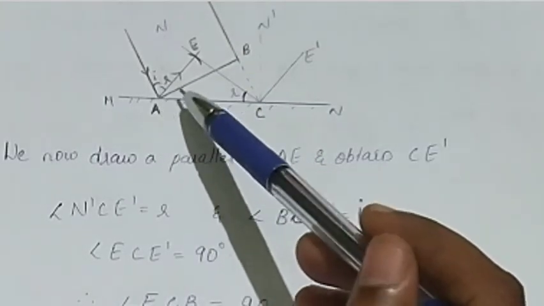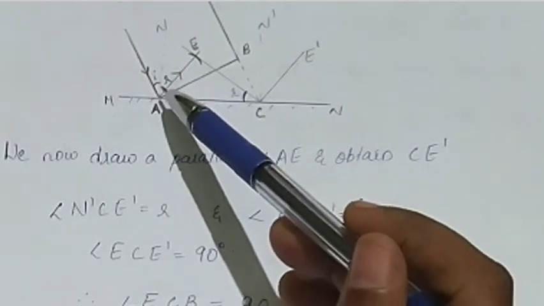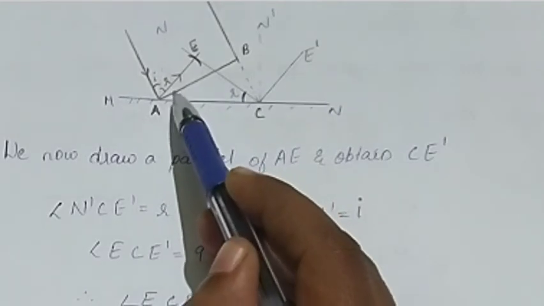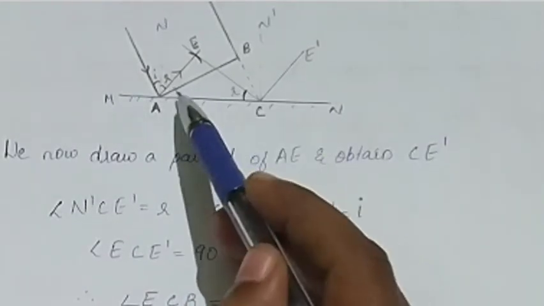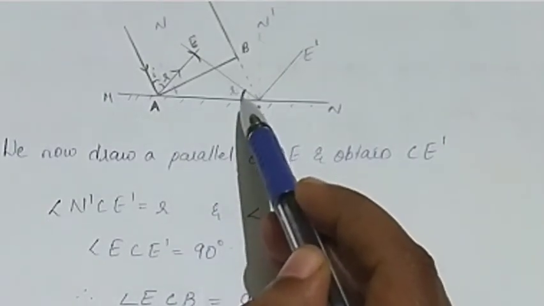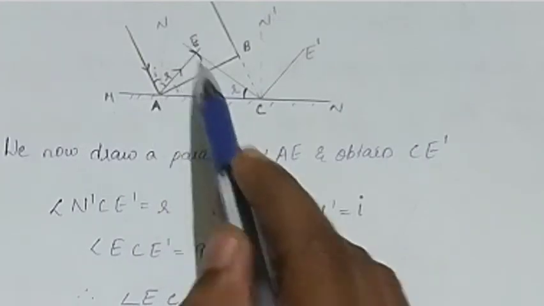So by analyzing the diagram of the incidence of the plane wave, we have obtained that the angle BAC is I, that is, this angle is I. Now we are going to analyze what will be the angle ECA in the triangle AEC.